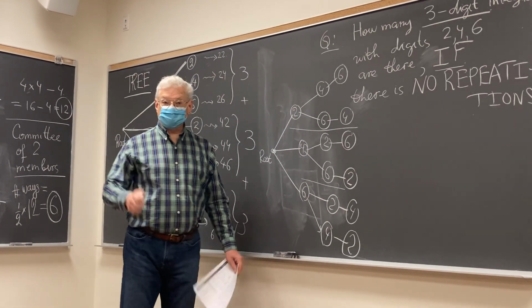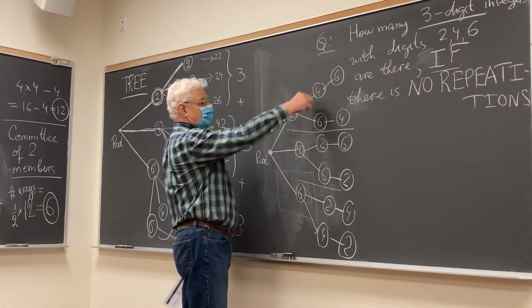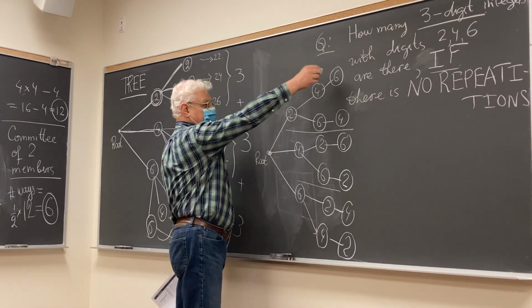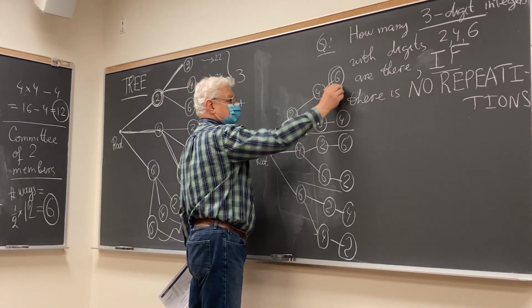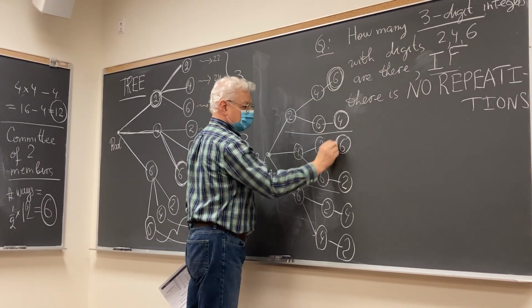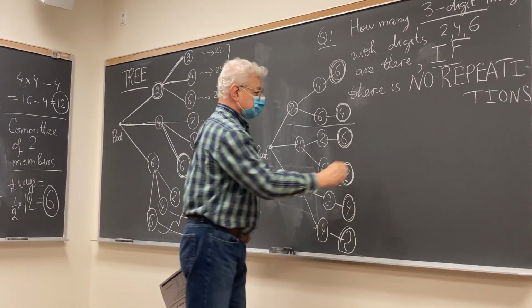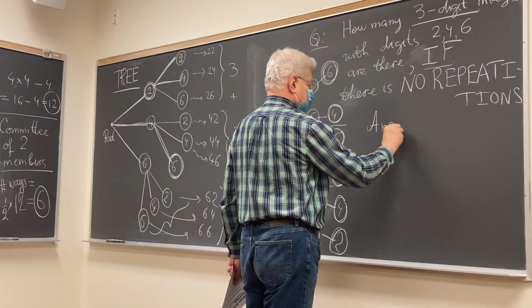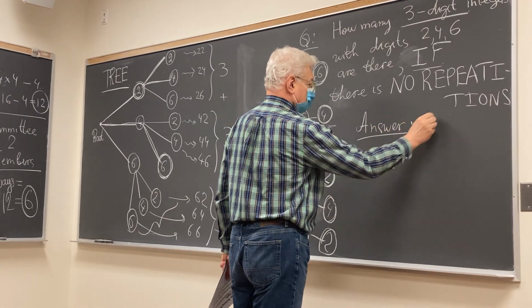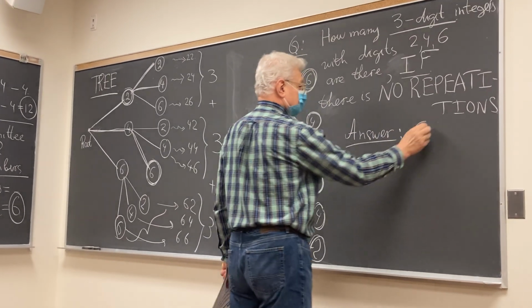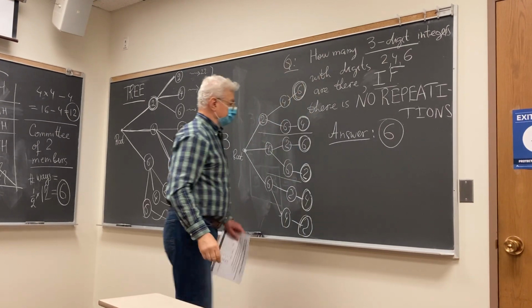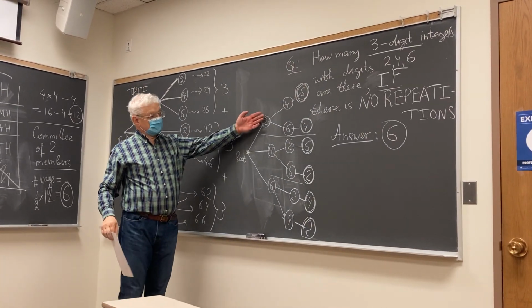How many of them? As many as the number of paths from the root to the end, which is the same as the number of leaves. 6 of them. So answer, 6 3-digit numbers. And all of them are written here.